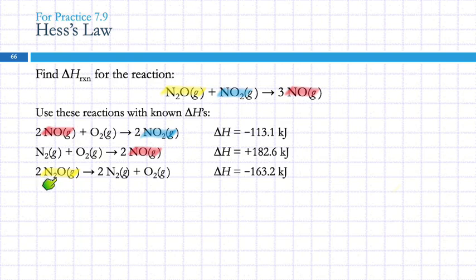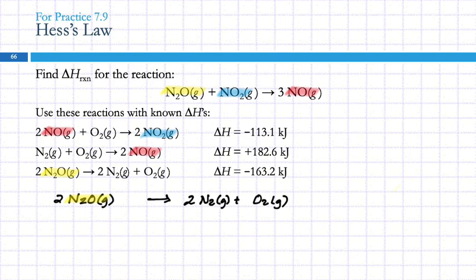So here, I have N2O gas as a reactant. So I'm going to start with that one. N2O gas, there's two of those, and that's going to go to 2N2 plus O2. And that's my N2O.